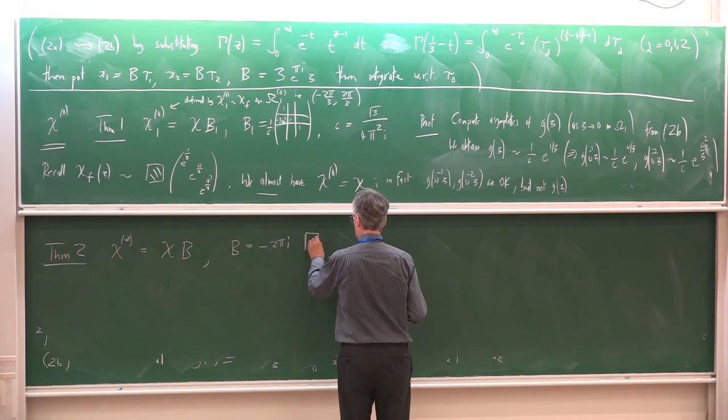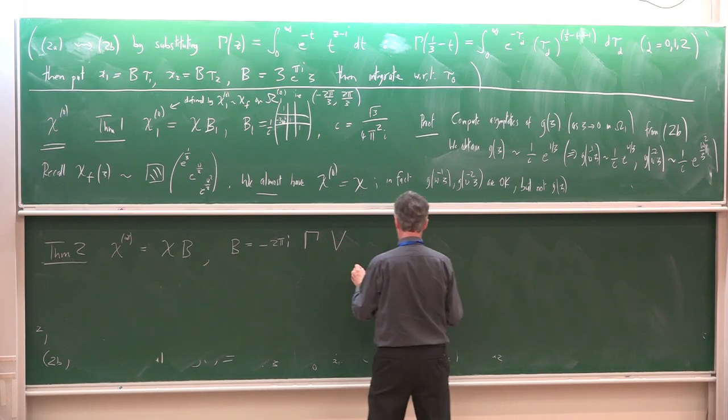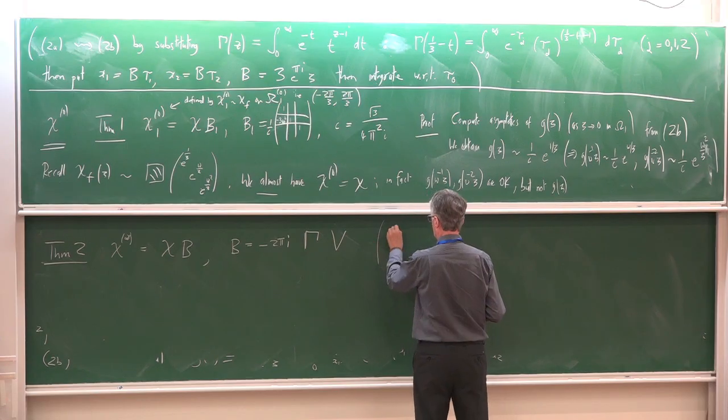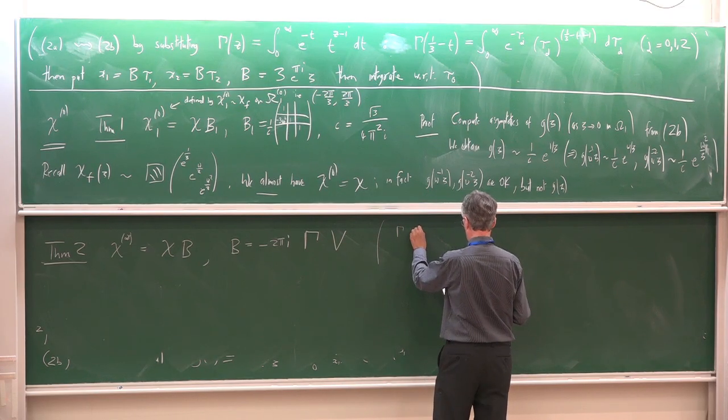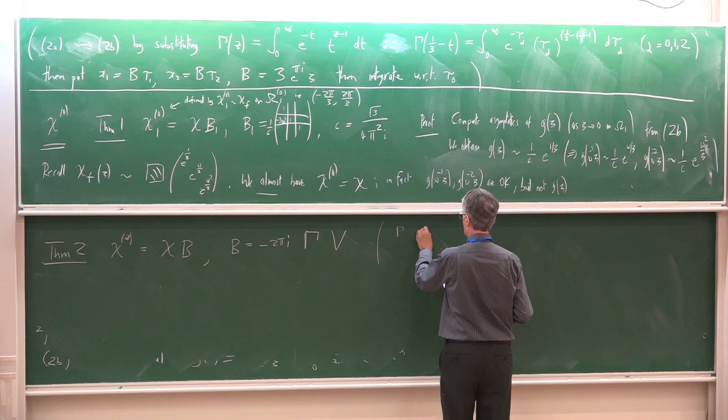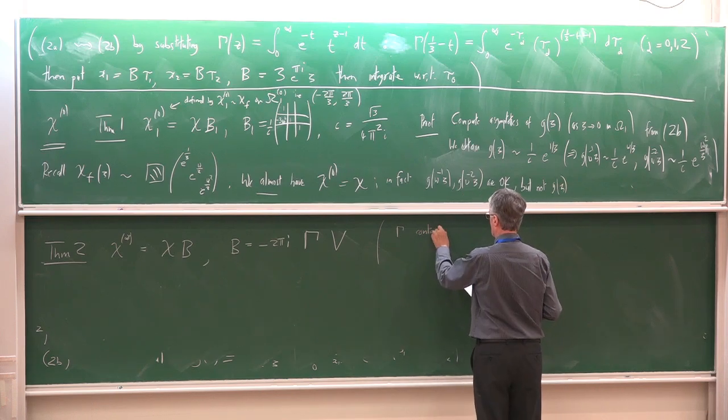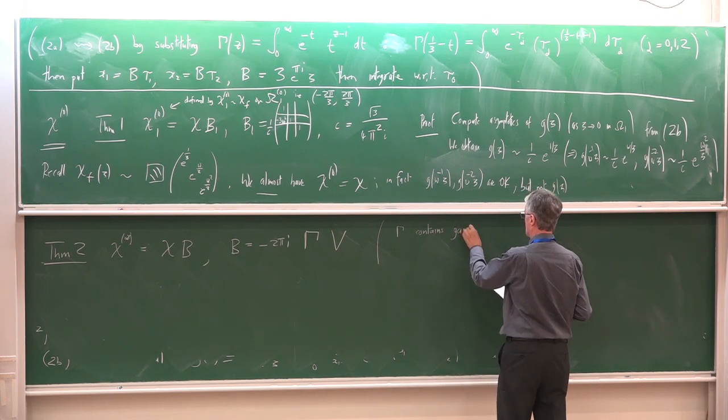it is a product of two matrices, which I call gamma and V. I won't write it explicitly, but gamma contains gamma function coefficients.